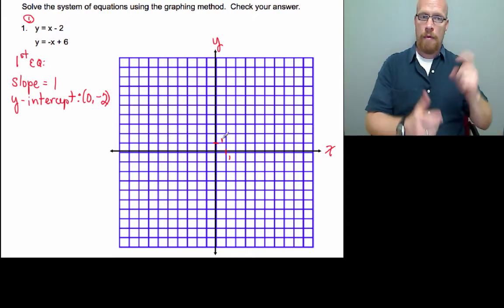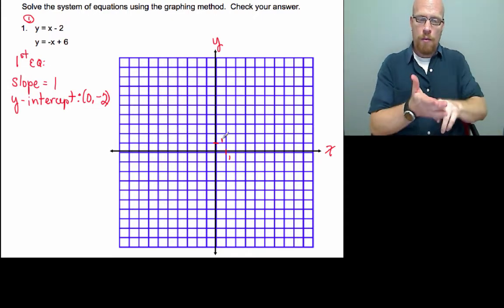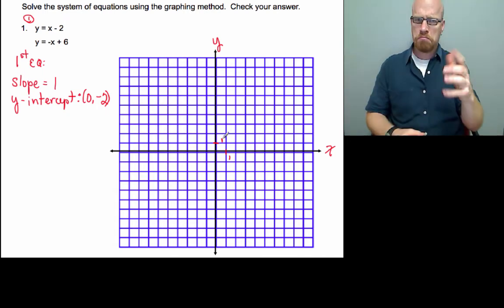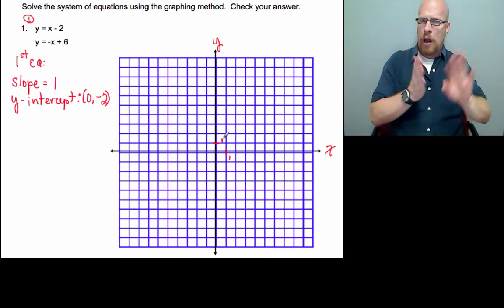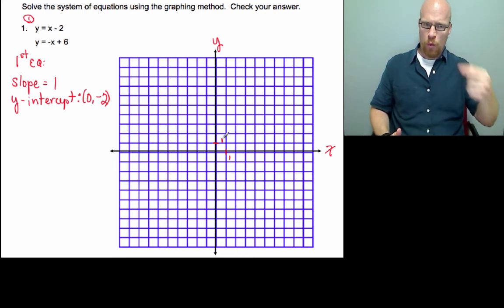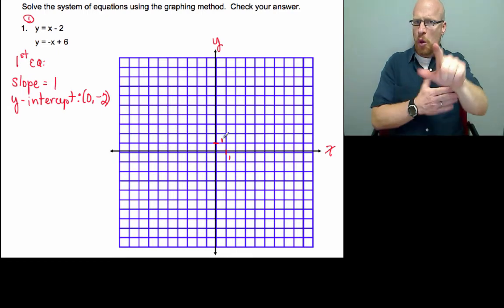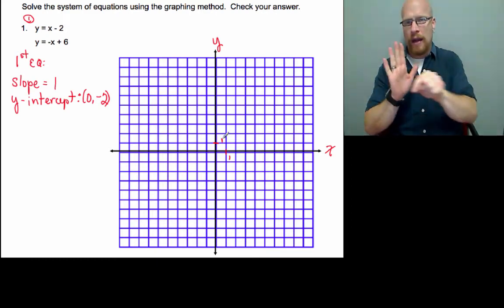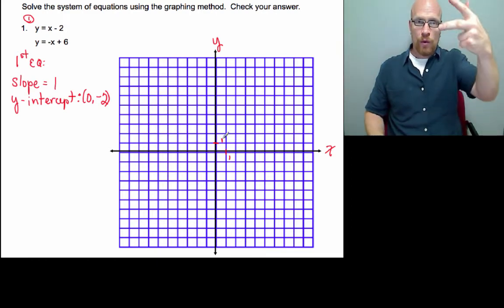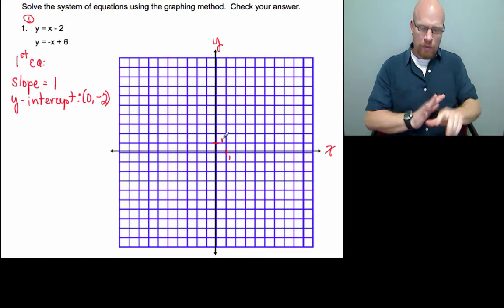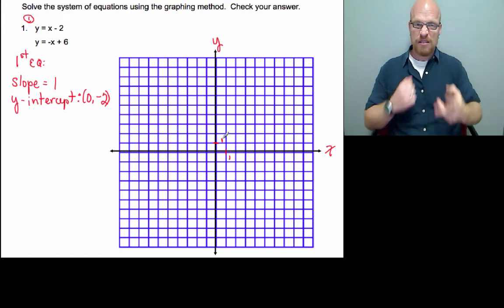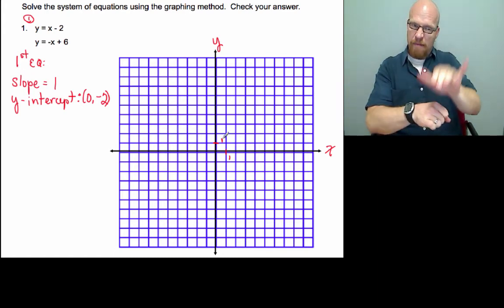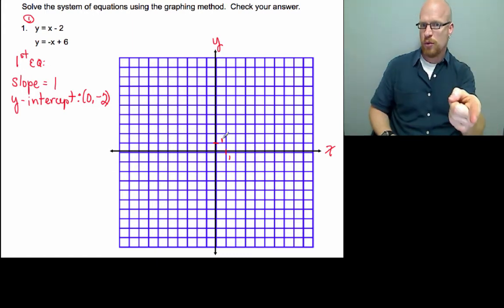As you can see, I labeled my x-axis and my y-axis, and I marked 1 and 1 for each axis. And that's enough. That communicates to me that we're counting by ones, both on the x and the y-axes. If you would like to label more, you can label 1, 2, 3, 4, negative 1, 2, 3, 4 on both axes if you'd like to. It doesn't harm. But for me, saving time, this communicates everything clearly.